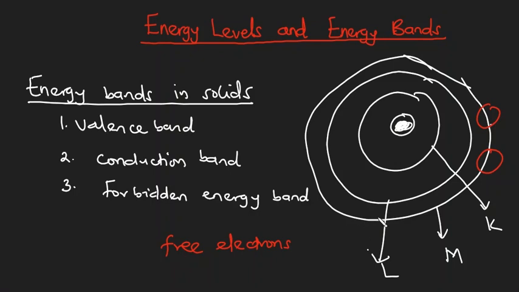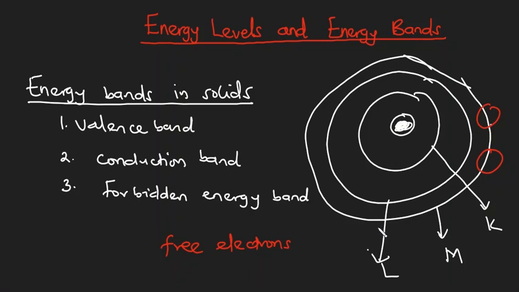So the valence electrons are more free, like they have three outermost electrons or two or one. So the electrons are free to move in the outermost shell. Since they are free to move, they are easily able to conduct electricity or current, because as the electrons are free, they result in the conduction of current.